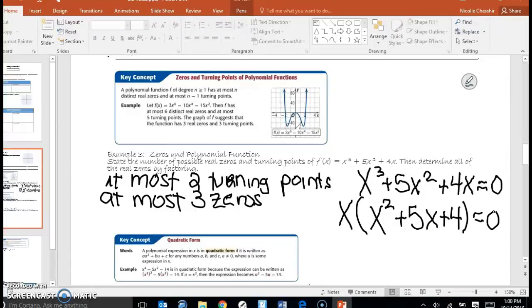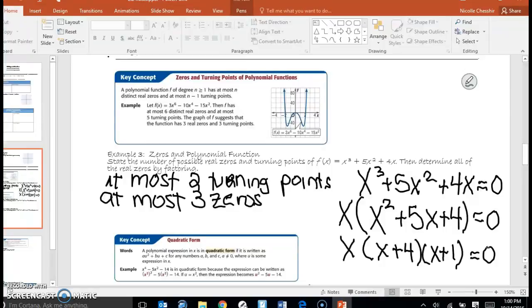So we need 2 numbers that when we multiply them together we get 4, but when we add them together we get 5. That gives x plus 4 and x plus 1. So now we have x times the quantity x plus 4 times the quantity x plus 1.